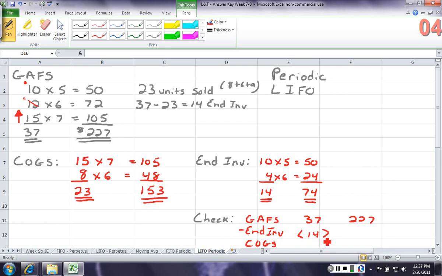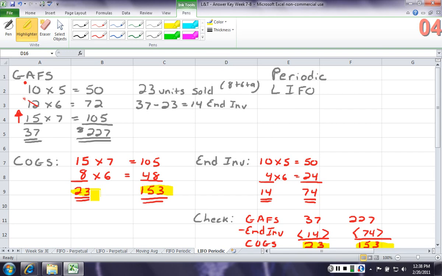I have ending inventory of 14 units at 74. So I have a cost of goods sold of 23 units and $153. I made sure I balanced. So you need to make sure that when you're doing these, that you're double checking your work.